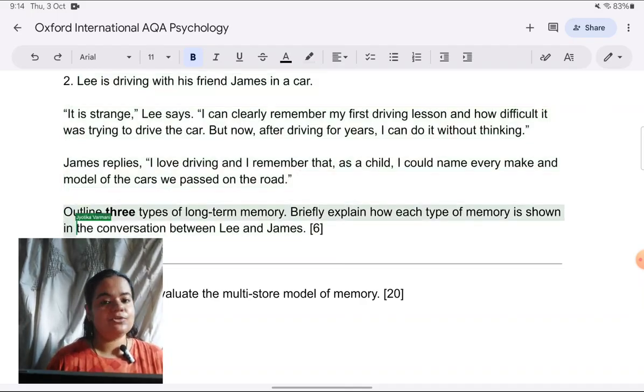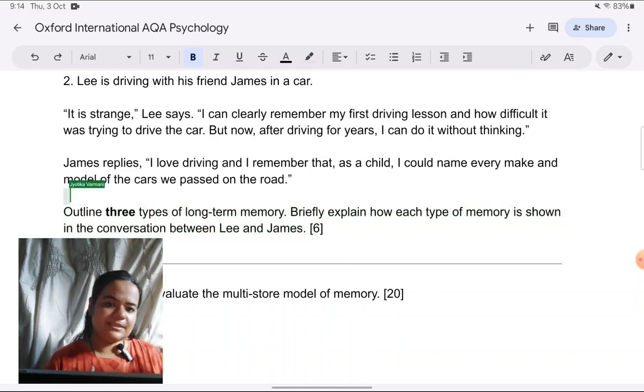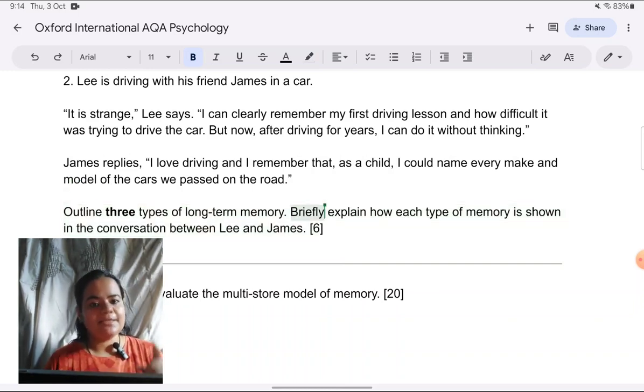Outline 3 types of long-term memory. They have asked us to apply to the scenario, but before that, they have very specifically told us to outline those memories. So we need to name whichever memory we are going to be referring to and define it very briefly. And then we have to explain how it is seen in the scenario. That means out of 6 marks, this answer has AO1 worth 3 marks and AO2 worth 3 marks.